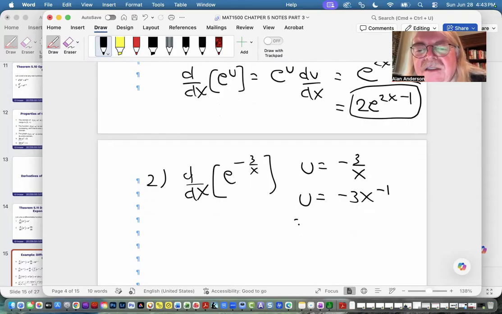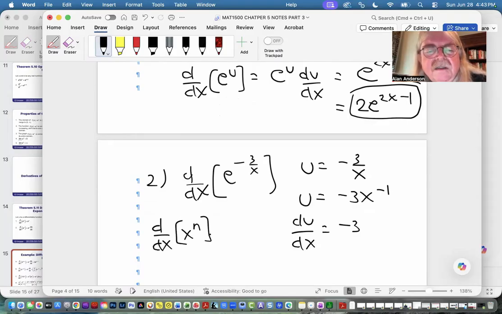So then du dx would be, based on the power rule for derivatives, that is, n x to the n minus 1.